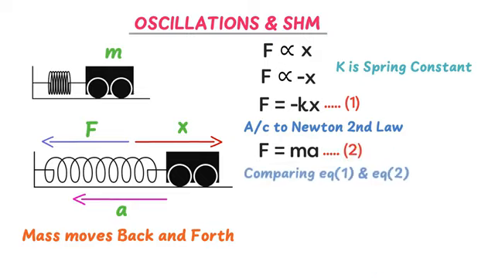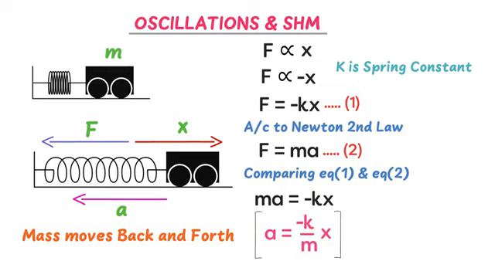Now comparing equation number 1 and equation number 2, I get ma is equal to negative k into x. Rearranging the equation, I get a is equal to negative k over m into x. We know that k is the spring constant and m is the mass attached to the elastic spring.